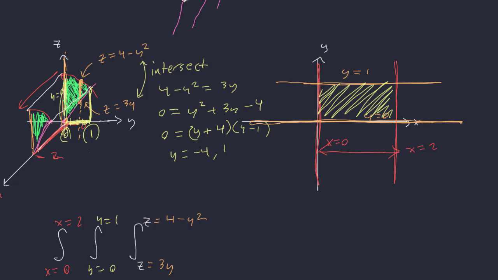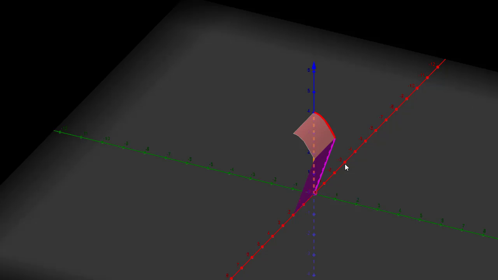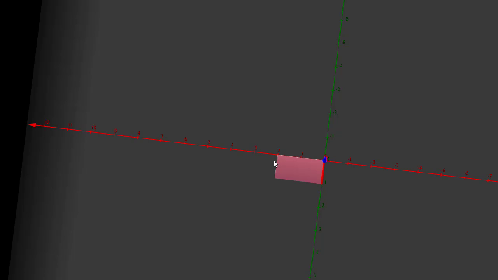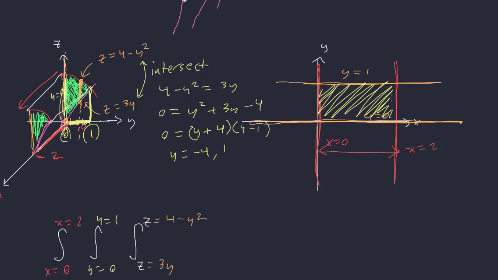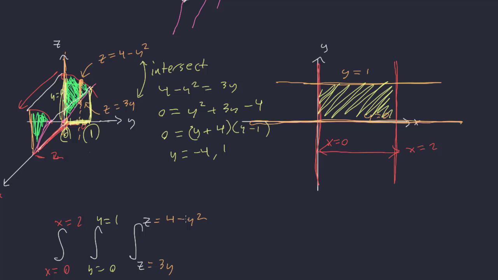And so if we look back on the graph and look at it from the top, we see we have a 2 by 1 rectangle. And that's exactly what we're showing here. And that's what's happening on the xy plane, giving us everything we need. Okay? All right, with the time left, let's do another example.